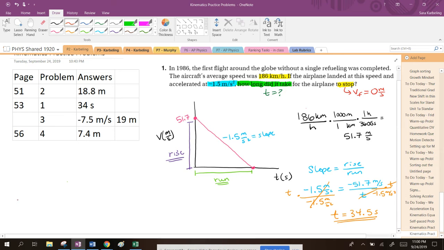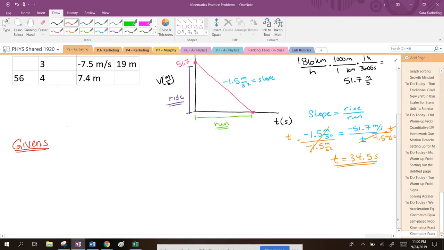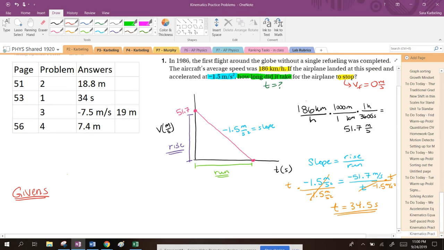So we're going to start out with our givens. And again, you don't have to do both. I just want you to be very comfortable with one. And honestly, if you want to do one sometimes and one the other time, that's okay too. All right, I need to go back up here so I can actually see my givens. So I know that the initial velocity was 186 kilometers per hour.